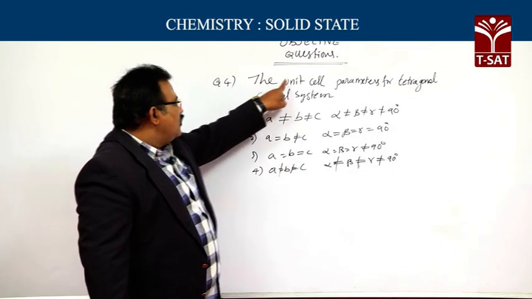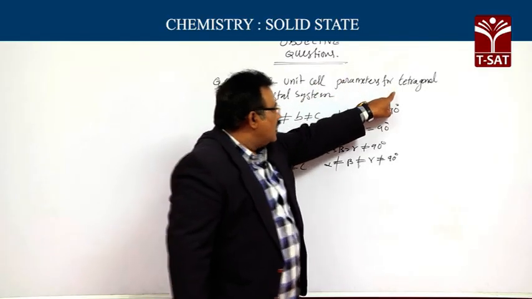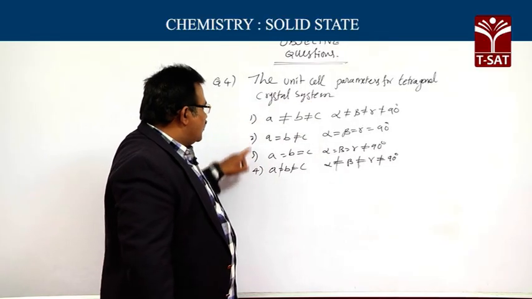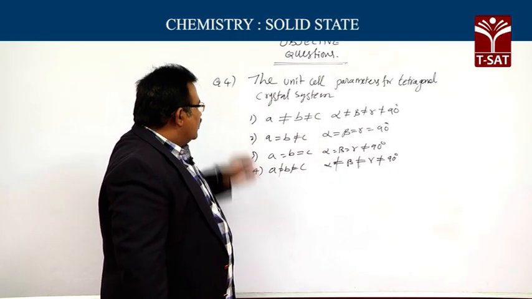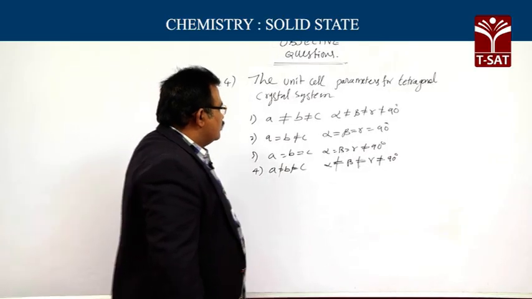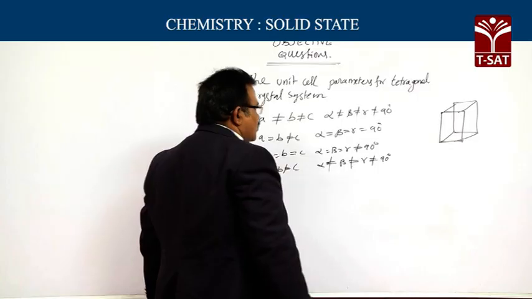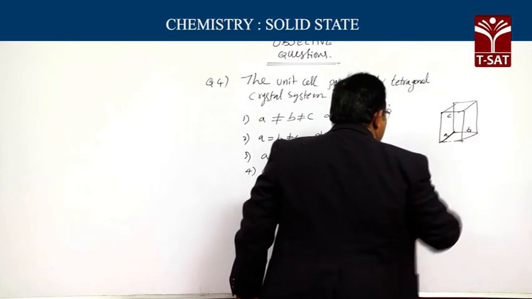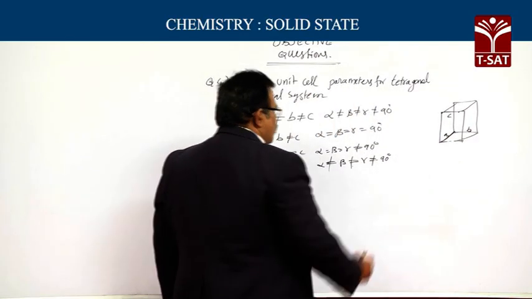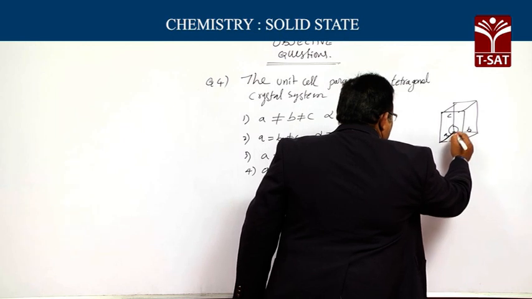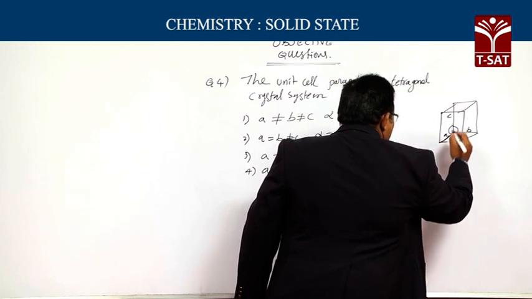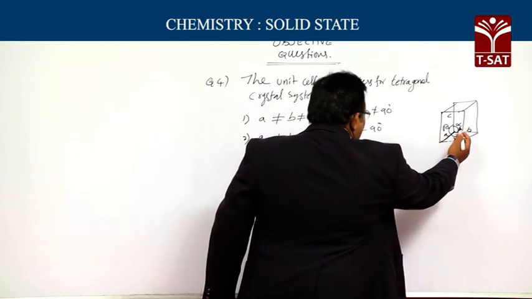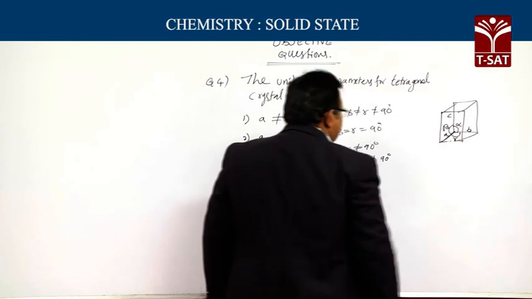The question is the unit cell parameters for tetragonal crystal system. Options are like this. In the tetragonal crystal system, this is A, this is B, this is C, the edge lengths. These are interplanar angles. So, alpha, beta, gamma are 90.